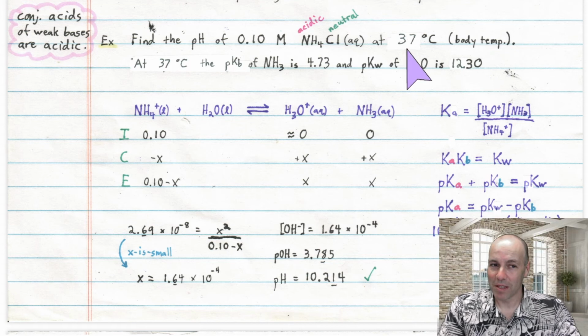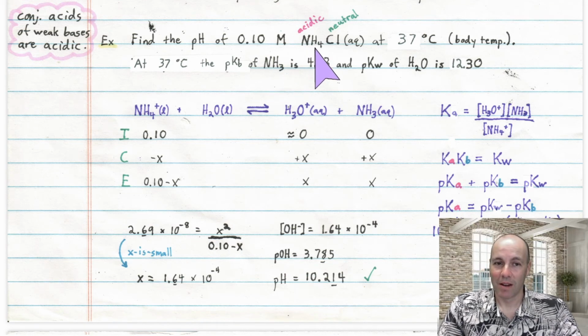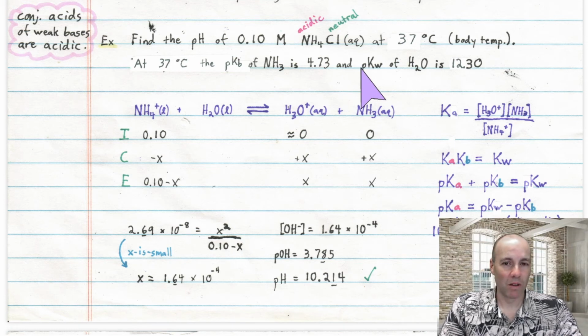Okay, now at 37 Celsius, the pKb of ammonia, that's the conjugate base of this. So this would be the conjugate acid of that, and that would be the conjugate base of this. So, you're told the pKb of NH3 is 4.73, and the pKw of water at this temperature is 12.30.